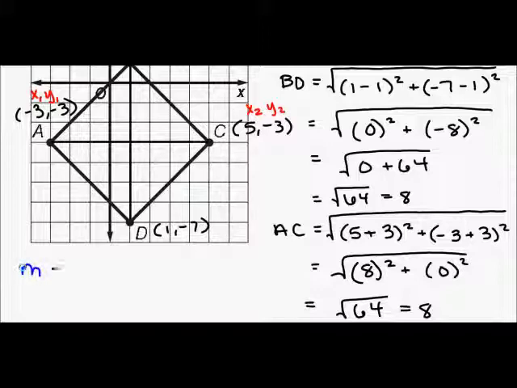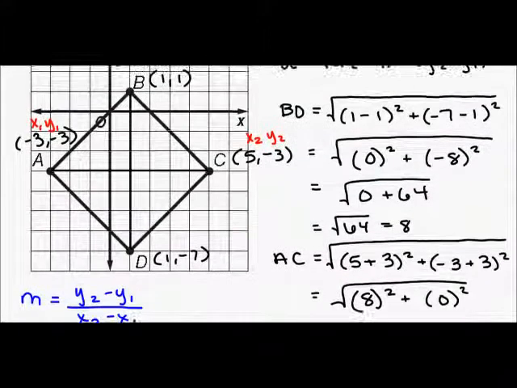And m is y2 minus y1 over x2 minus x1. We're finding the slope of each diagonal. So let's find the slope of BD first.